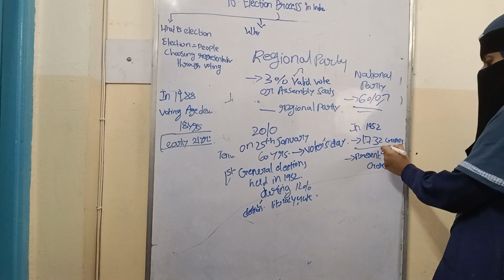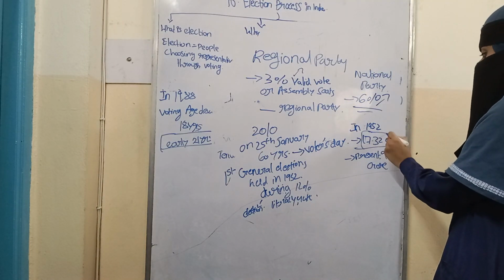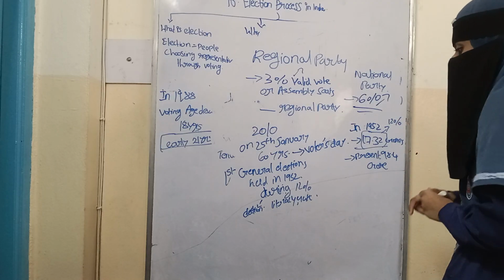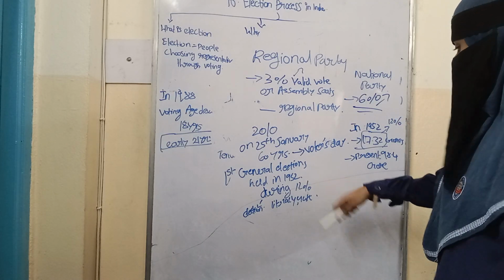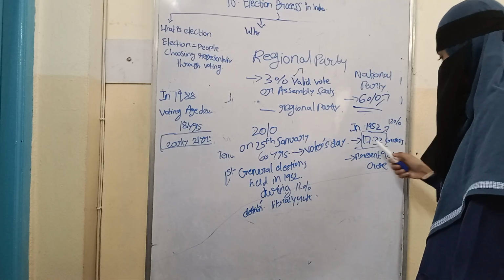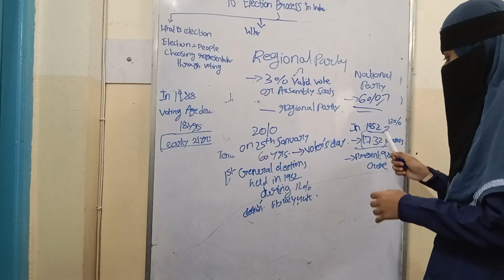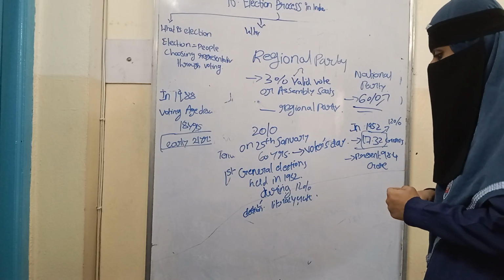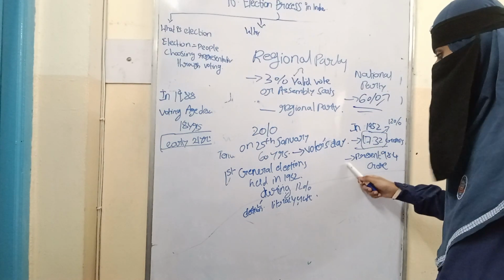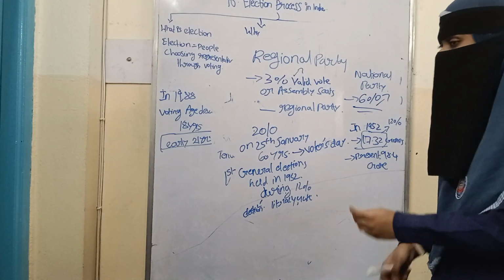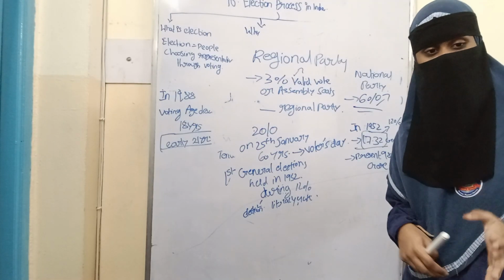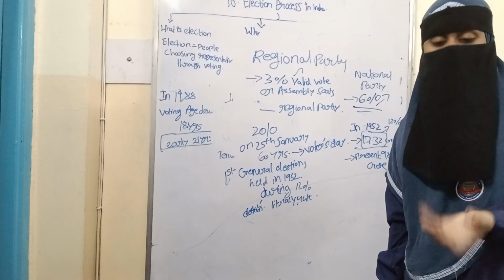And from this population, in 1952, only 12% had literacy. As the first elections were held in 1952, this was the population of the voters, and only a few people were educated. British rule had just ended in India, and people were trying to get educated.